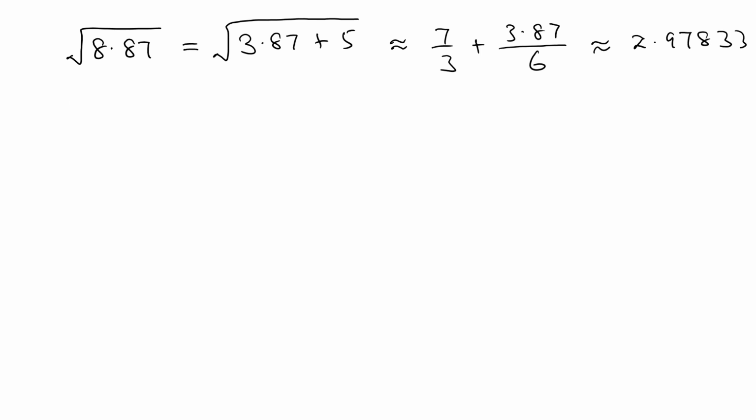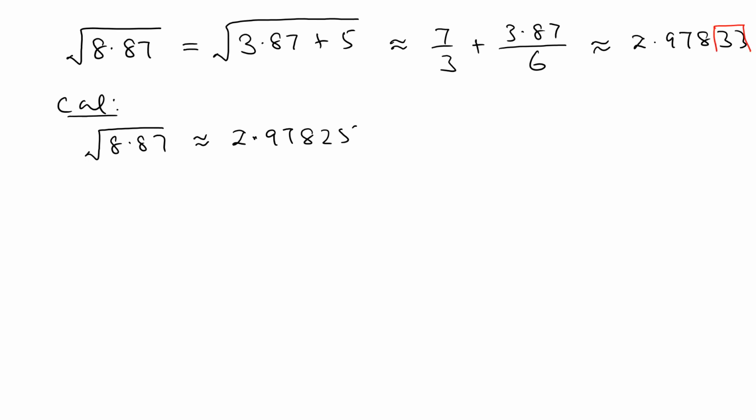And again, as before, if you use a calculator, √8.87 is approximately equal to 2.97. You can see those digits are the same, and the 8 is also the same, and then we get 2.5. So that's what you get for this one. You may see that these two numbers only differ at the 10,000th place.